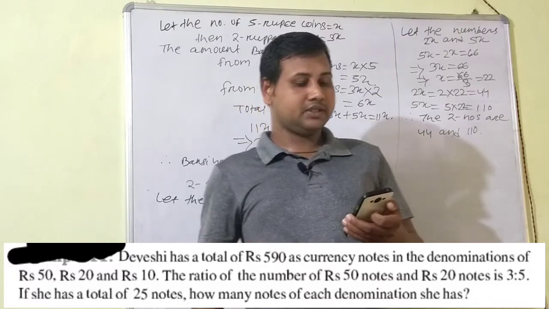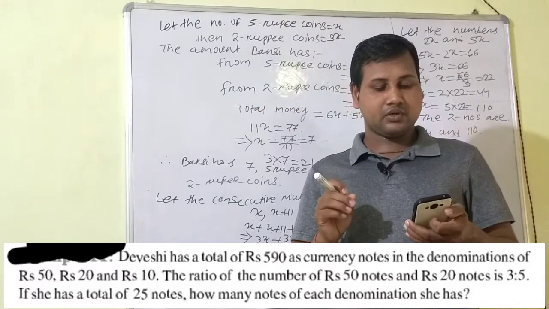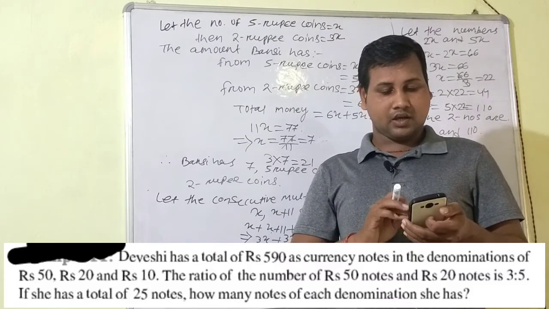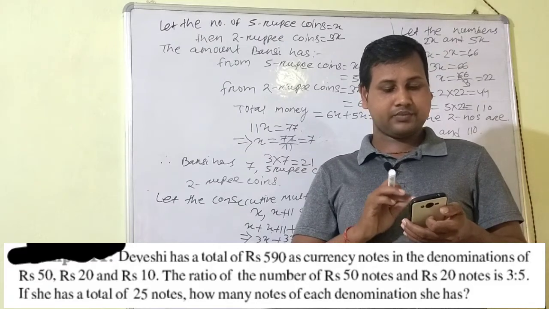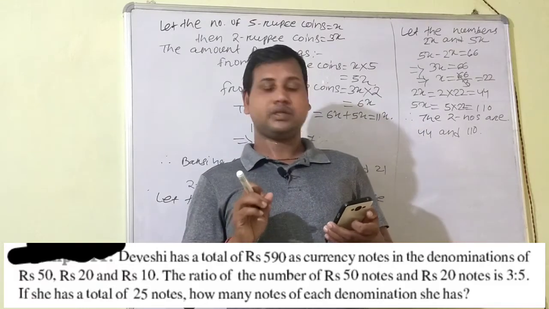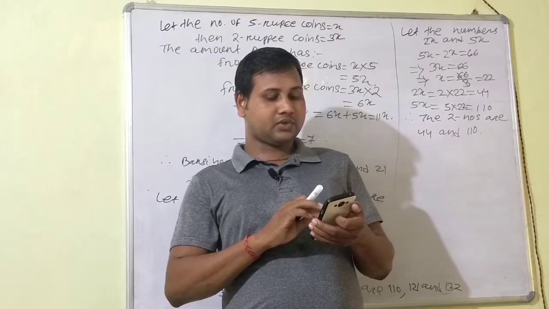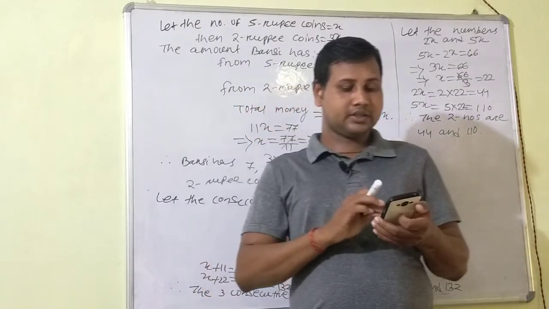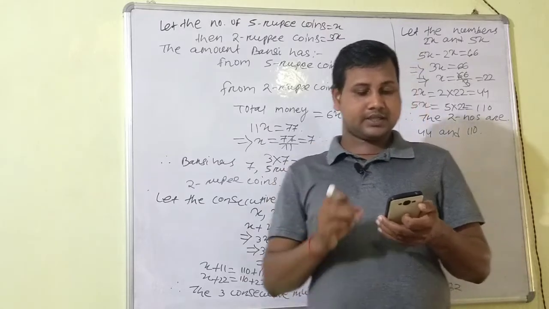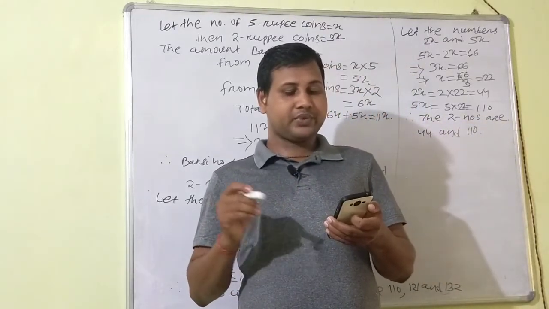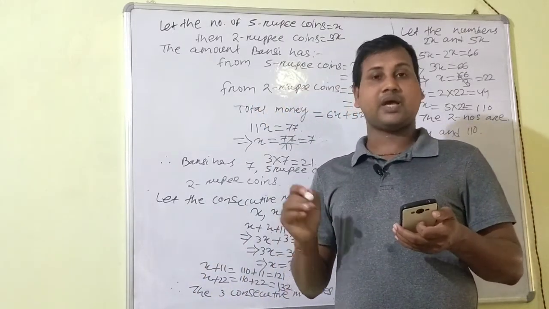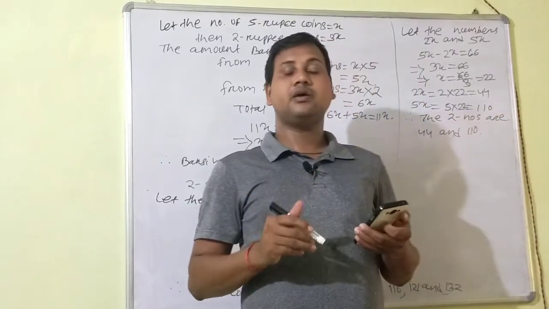Again, listen properly. Devanshi has a total of 590 rupees in the denominations of 50 rupee notes, 20 rupee notes and 10 rupee notes. The ratio of the number of 50 notes and 20 notes is 3:5. So we will take the number of 50 rupee notes as 3x and the number of 20 rupee notes as 5x.